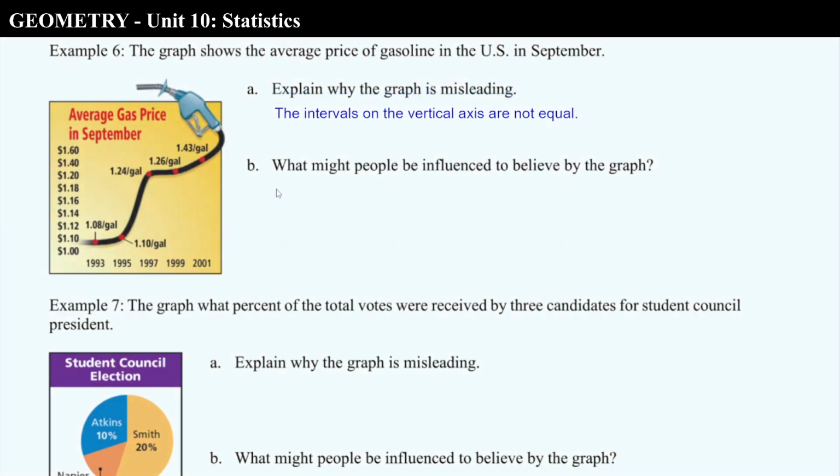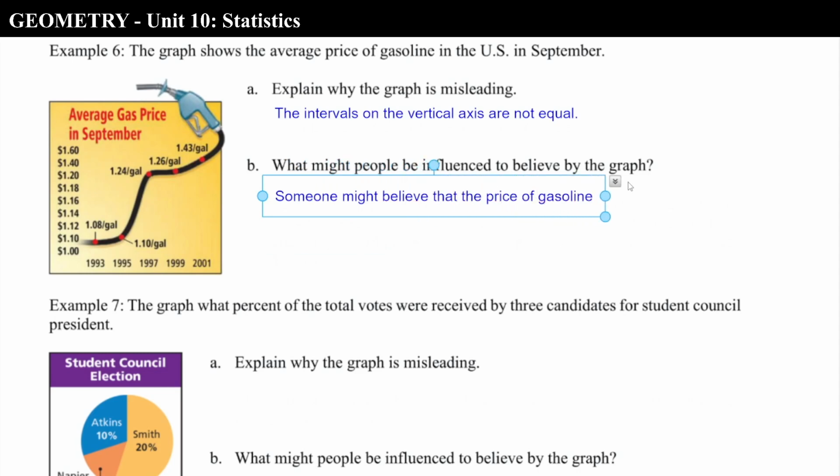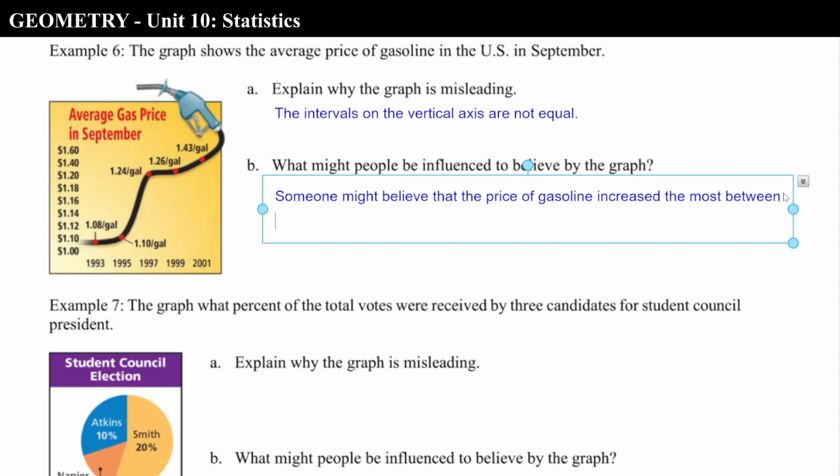So what might people be led to believe just looking at this graph? Well, someone might believe that the price of gasoline increased the most between 1995 and 1997, because on the graph, that looks like the biggest increase between 95 and 97.